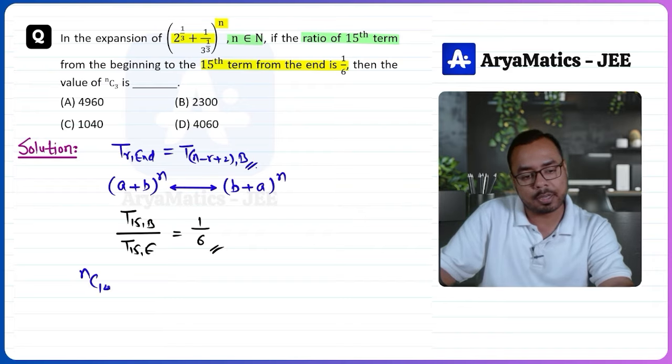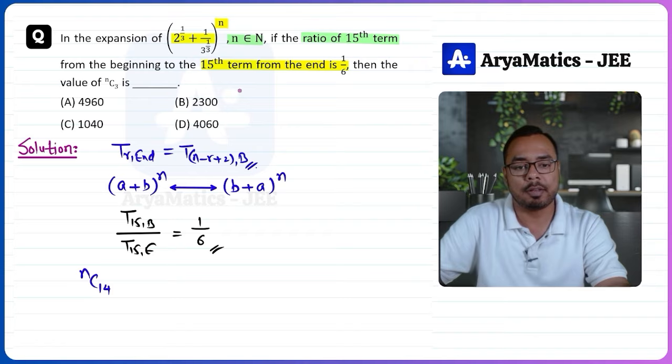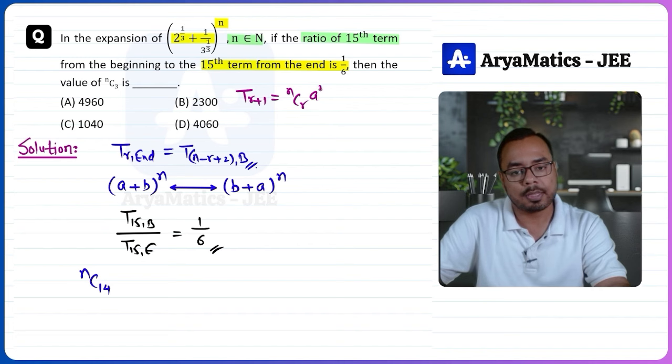The formula for the general term: if I need T(r+1) in (a + b)^n, this is nCr a^(n-r) b^r.